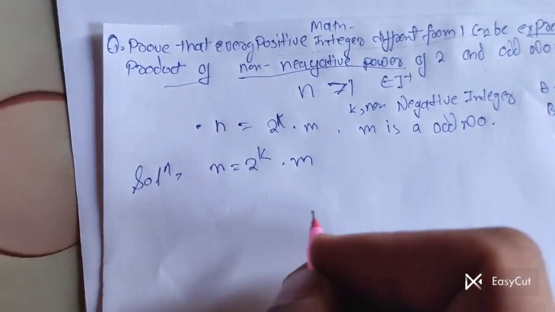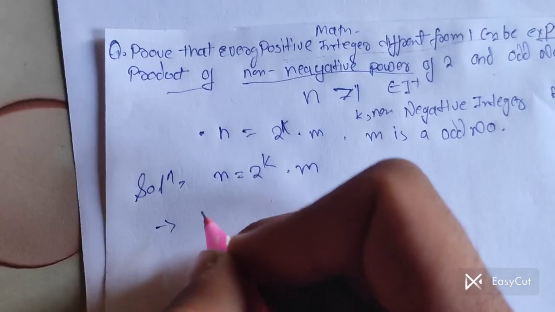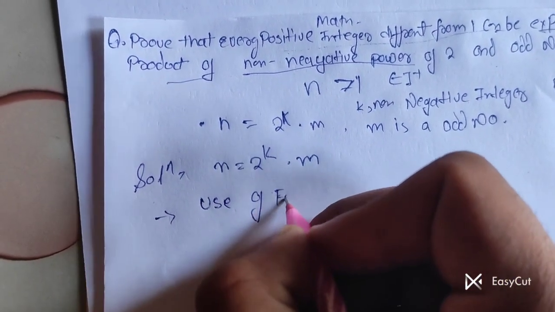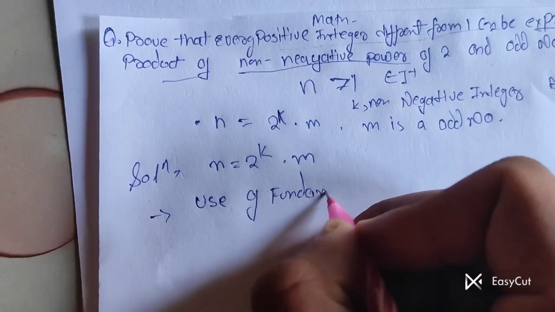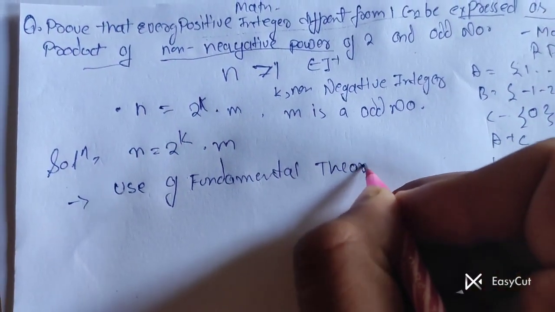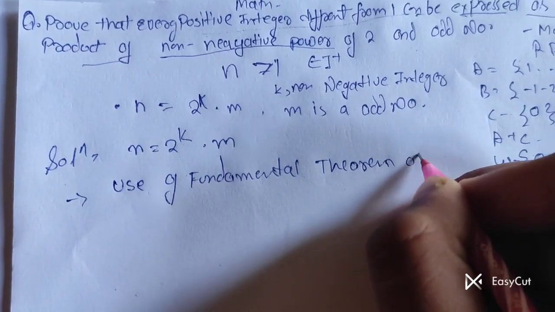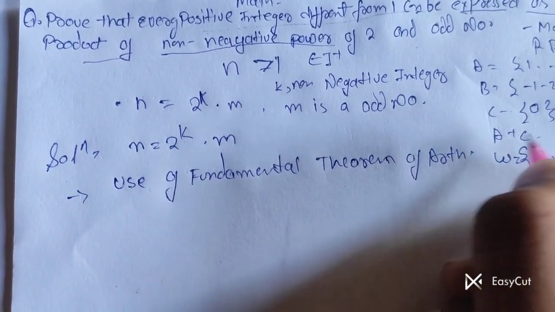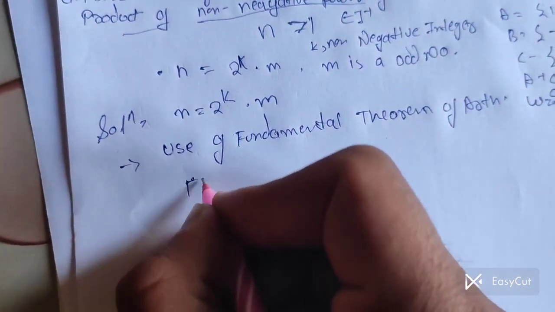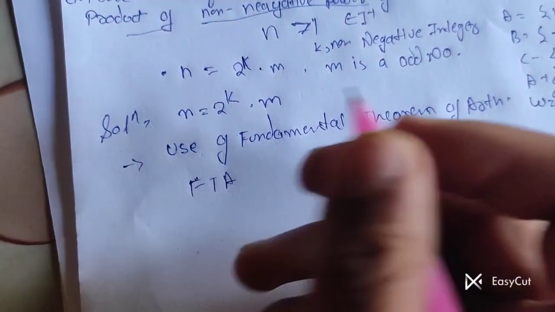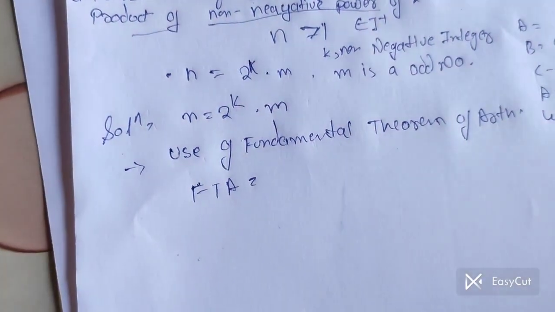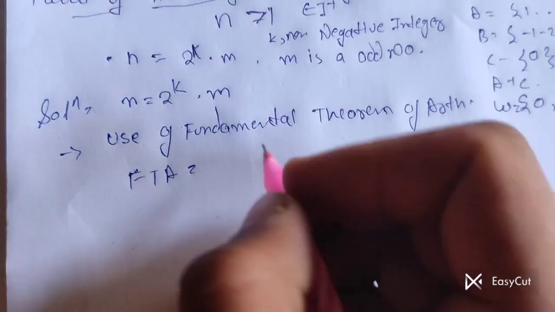Now, using the fundamental theorem of arithmetic, I always say FTA, we know that every composite number is expressed in prime factors in ascending order of primes.